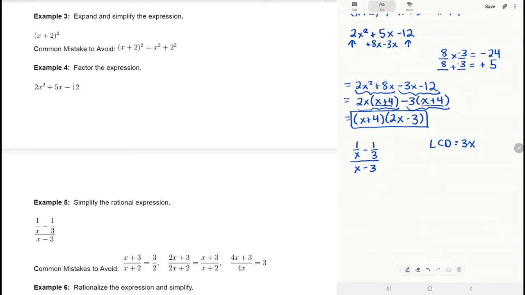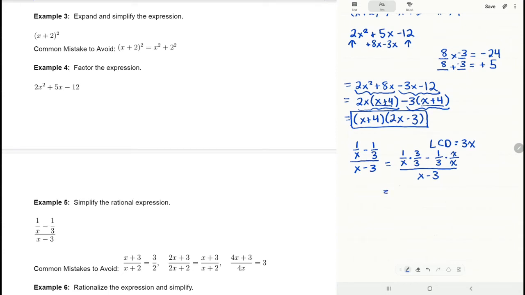So for the first fraction, we have 1 over x. It's missing a 3. So we're going to multiply the first fraction by 3 over 3. And the second fraction is missing an x. So we're going to multiply the second fraction by x over x. And this is all divided by x minus 3.